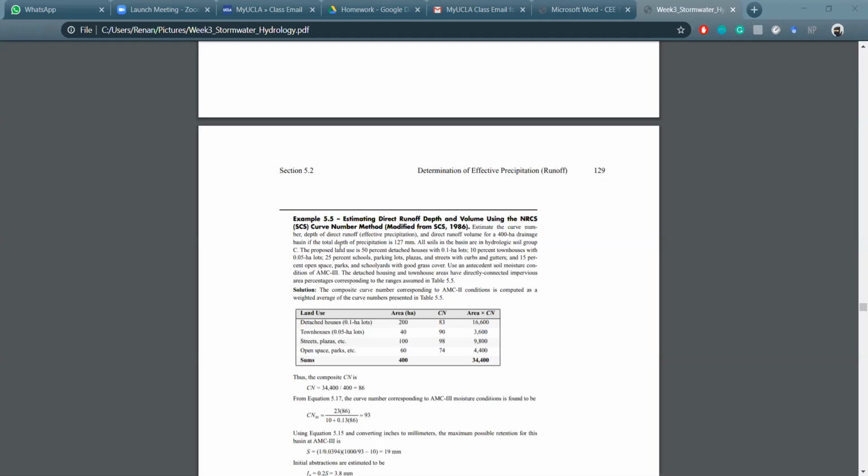The total depth of precipitation is given as 127 millimeters, and the area is 400 hectares. The soil group is C, and it's 50% detached houses with 0.1 hectare lots, 10% townhouses, 25% schools, and 15% open space. The antecedent moisture condition is AMC3. So try solving this question. You can have 10 minutes and then I'll solve it with you.